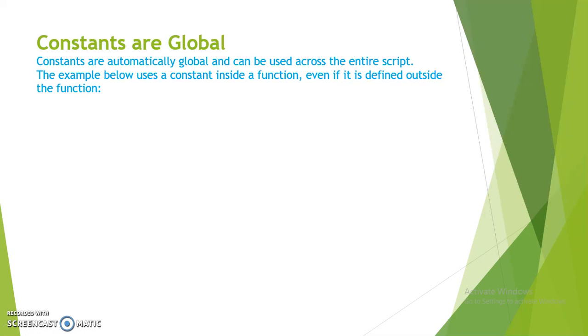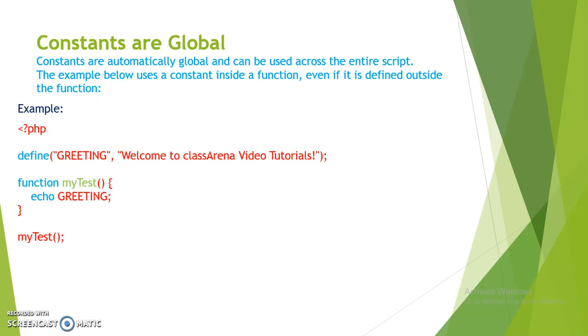Like we said, constants are global variables. They are automatically available across the entire script. Alright. So let's see an example. In this case, we define the constant here, and we assign the value to greeting. Welcome to Class Arena video tutorial is our value, because remember, case-sensitive is false by default.